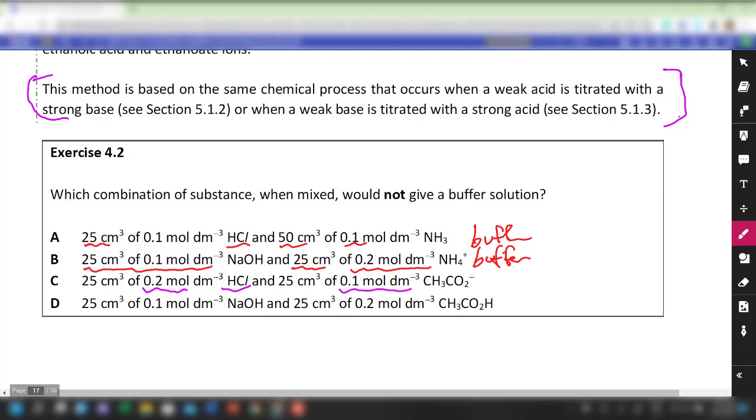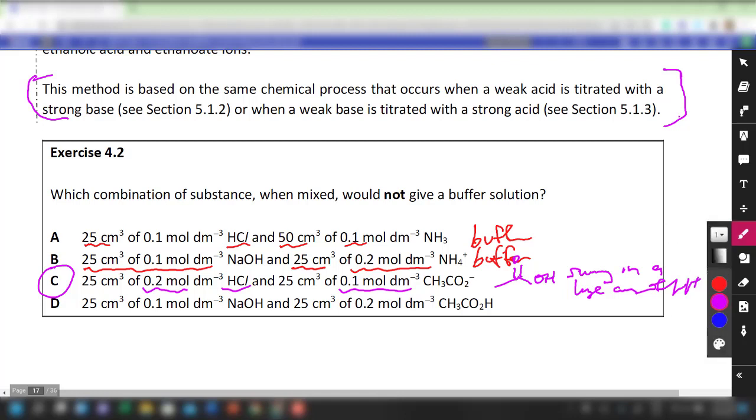So in option C, what I'm going to get is simply ethanoic acid swimming in a large amount of H+. The large amount of H+ actually comes from the unreacted HCl. And this is obviously not a buffer because the ethanoic acid does not have its corresponding conjugate base, in this case ethanoate, present. So therefore option C will be the one I'm going to pick for 4.2, because this is not a buffer solution.